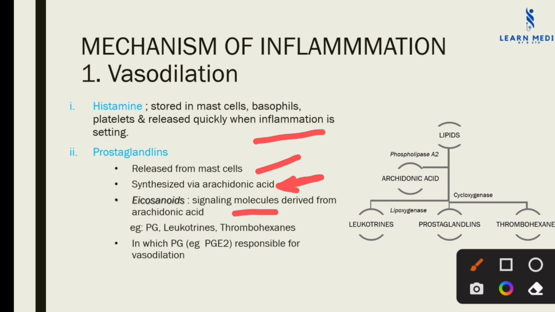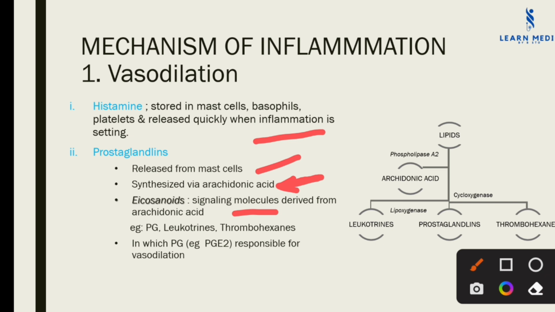The prostaglandins are also a type of eicosanoid. Examples of eicosanoids are prostaglandins, leukotrienes, and thromboxanes. Of these, the main example of prostaglandins is PGE2, responsible for vasodilation. Here we can see a chart representing the release of prostaglandins.